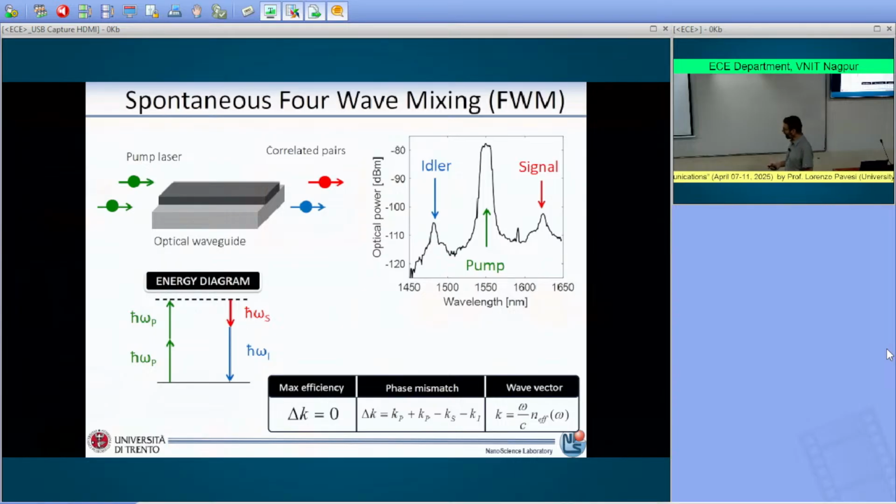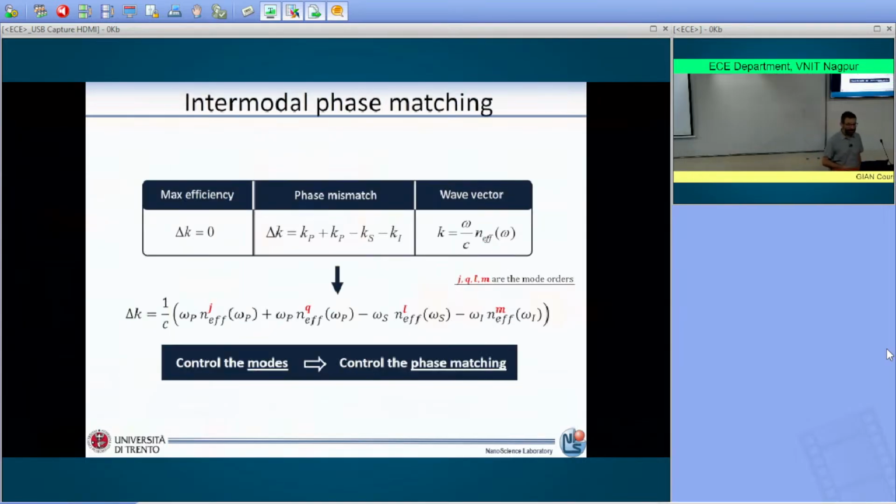One aspect that is very peculiar is that in order to get the maximum efficiency in the generation, we need to satisfy the phase matching condition. So let us go a little bit more in detail on the implication of the fact that we need to conserve the momentum in the process.